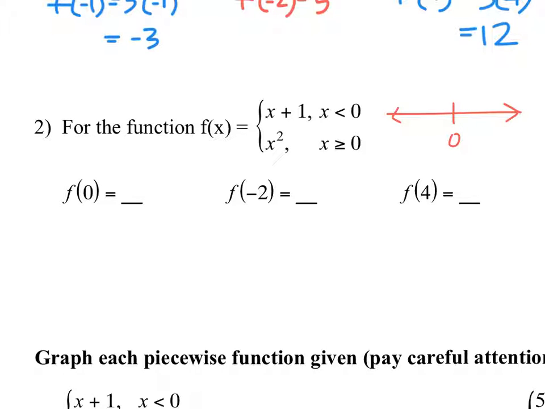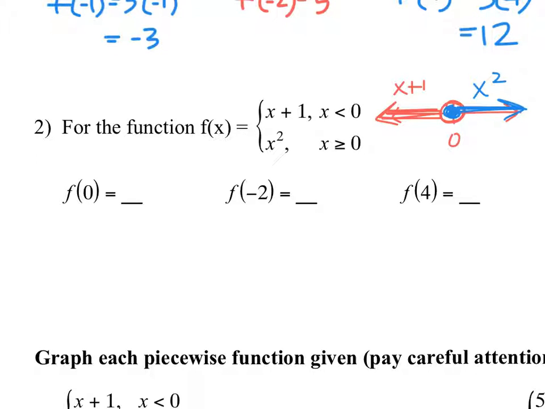So at 0 on the first one, I'm going to have open and to the left, and that equation is x plus 1. And then on the next domain, that's closed and to the right, and that one is x squared.